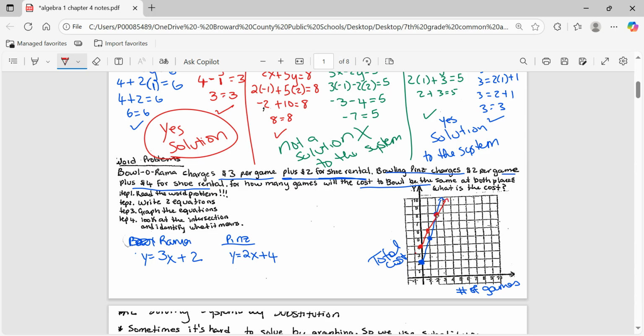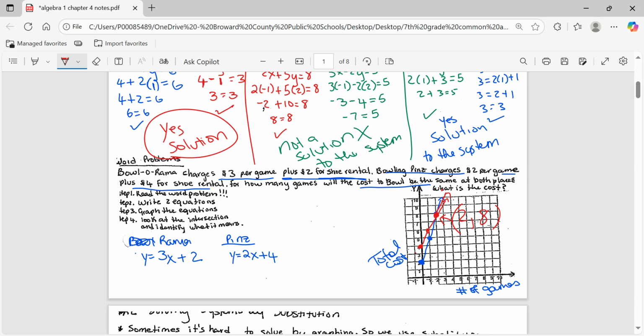And so boom, here we are. Either way, that is where they intersect. That's the point that they have in common. And so we see that that coordinate is 2, 8.